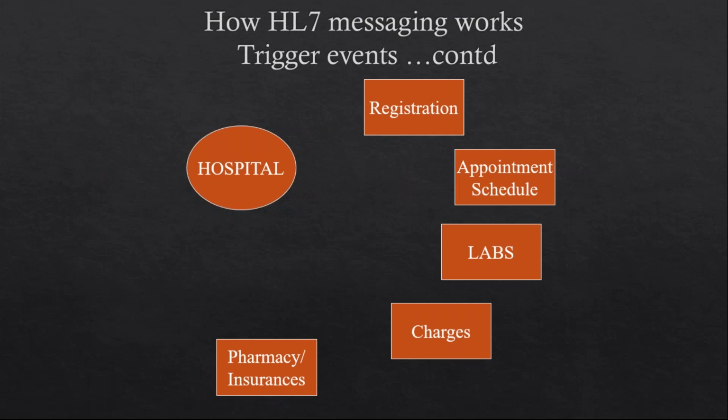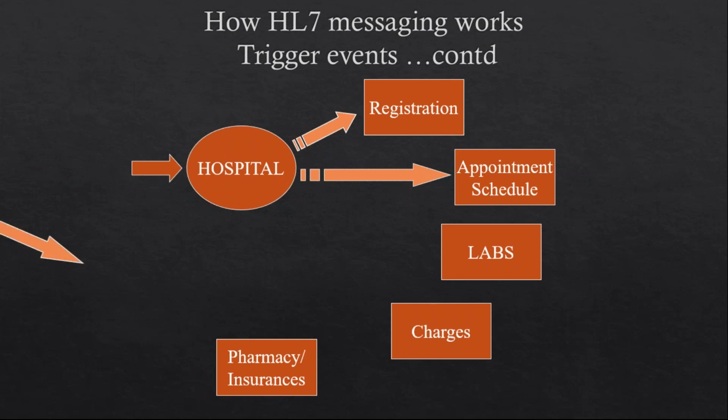So as we have seen in the hospital workflow, whenever a patient visits the hospital, the first thing they get is their registration information done. Once that is done, the second event that happens is scheduling an appointment. And then they will visit the doctor. At the doctor's desk, they will generate the orders and results will be sent back from the laboratory to EHR.